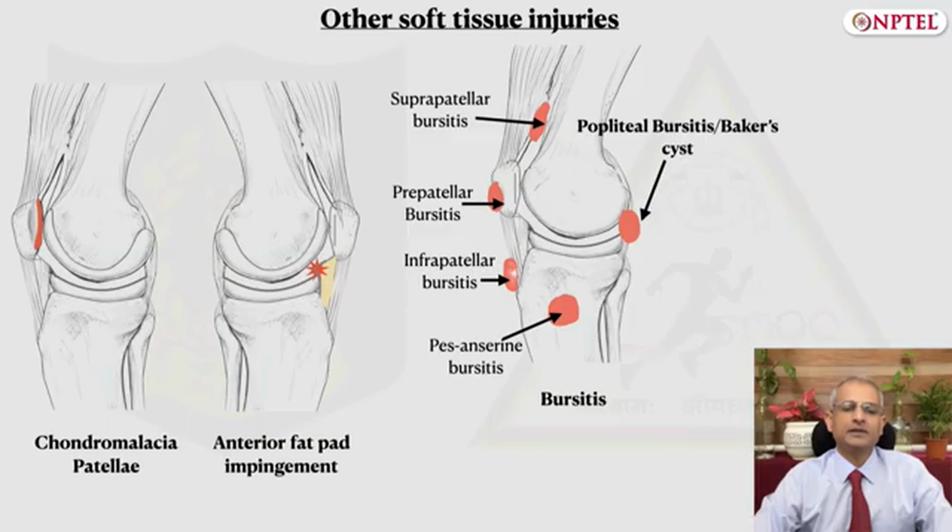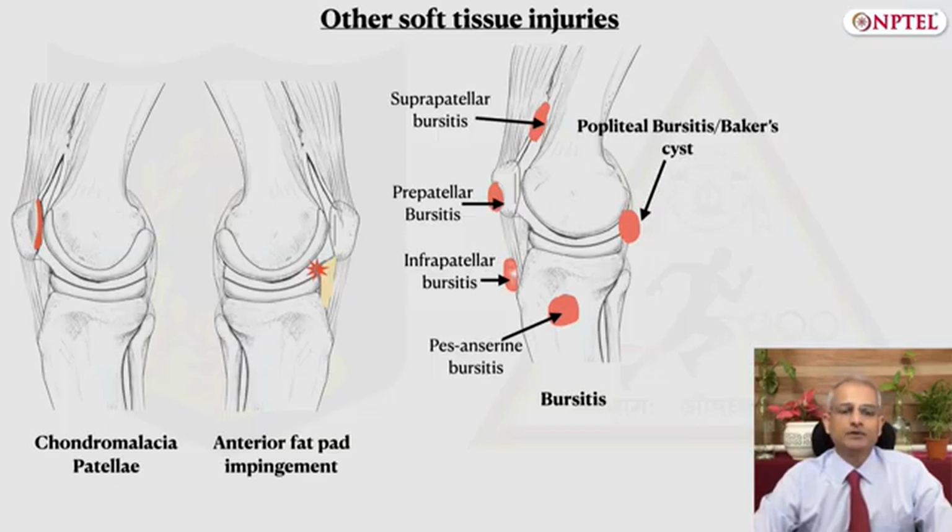Baker's cyst is a commonly seen bursitis in osteoarthritis of the knee. It is an enlargement of the popliteal bursa and is seen in the popliteal fossa, that is, behind the knee. Prepatellar bursitis is the inflammation of the bursa in front of the patella and is also known as housemaid's knee, and this occurs due to repetitive kneeling.